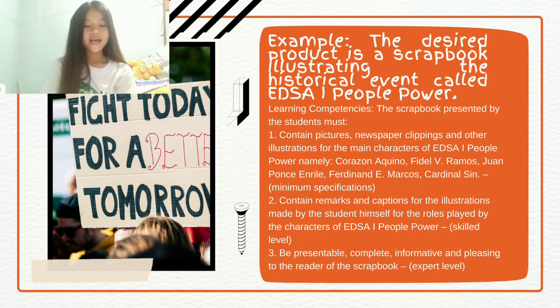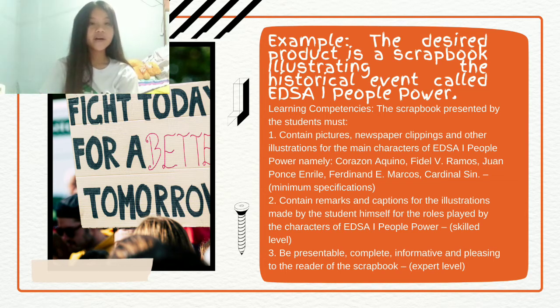Another example. The desired product is a scrapbook illustrating the historical event called EDSA 1 People Power. The learning competencies. The scrapbook presented by the students must: first, contain pictures, newspaper clippings, and other illustrations for the main characters of EDSA 1 People Power, namely Corazon Aquino, Fidel V. Ramos, Juan Ponce Enrile, Ferdinand E. Marcos, Cardinal Sin, which is the minimum specifications.